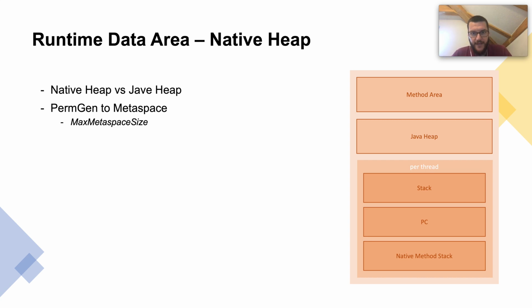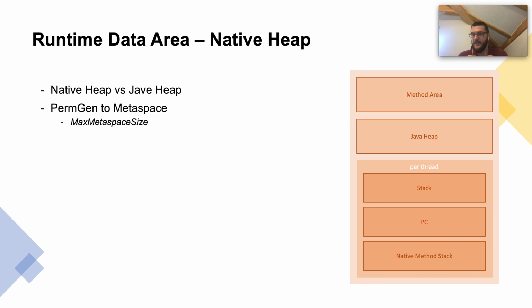And prior to Java 8, the method area was also located in the Java heap. That part of the Java heap was called permanent generation or permgen, and had a max size limit. There are tweaking options for permgen, of course. The problem was that in this way the class metadata was mixed with Java objects, and besides that, a common out-of-memory error was that permgen no longer had room to load and store classes.